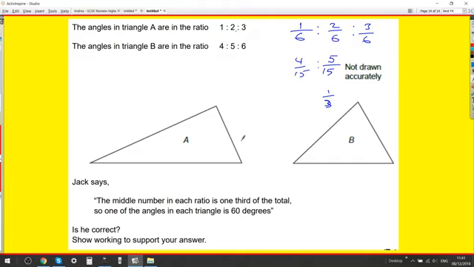How would you check that? Would you do 1/3 of 60? What do the three angles in a triangle add up to? 180. And so what would you do? 1/3 times 180.